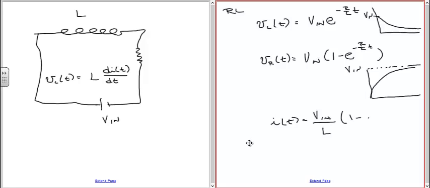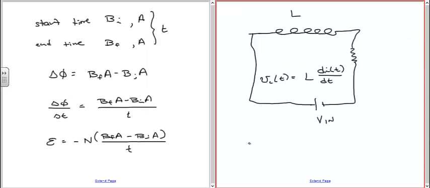It's 1 minus e to the minus R over L t. So if I go back to the definition of inductance, voltage equals inductance times the derivative of the current.